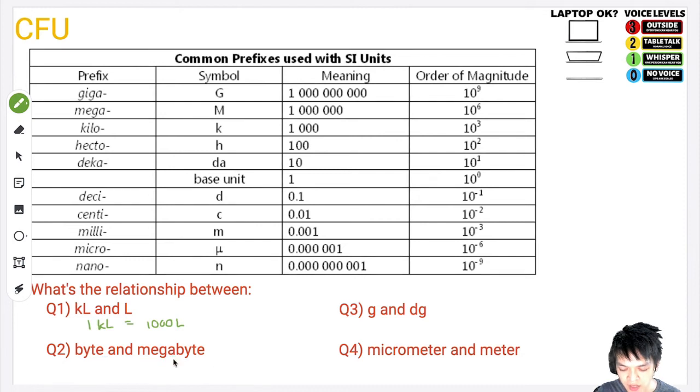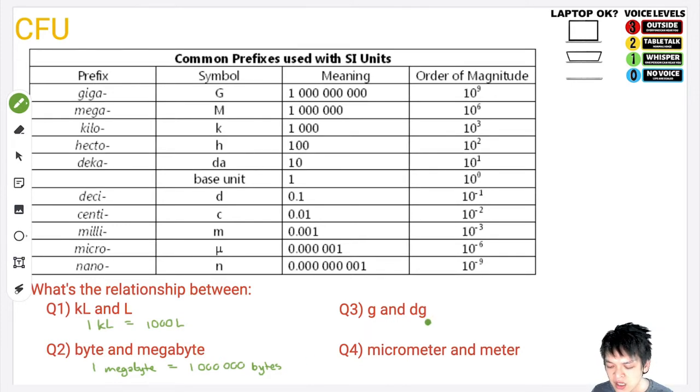The prefix is mega, and we look for the prefix on the table. Mega is right here. 1 megabyte is how many bytes? This many bytes. So 1 megabyte is equal to 1 million bytes.